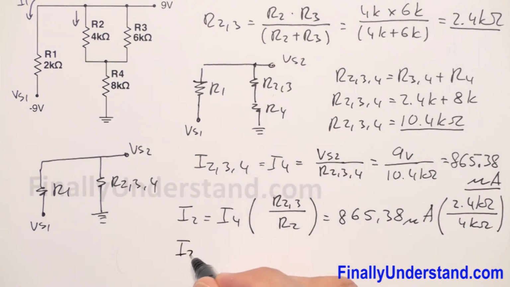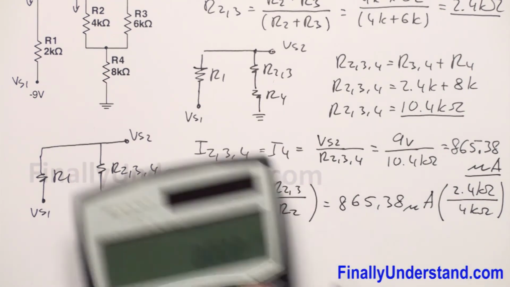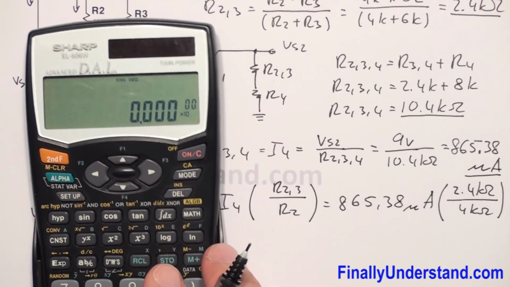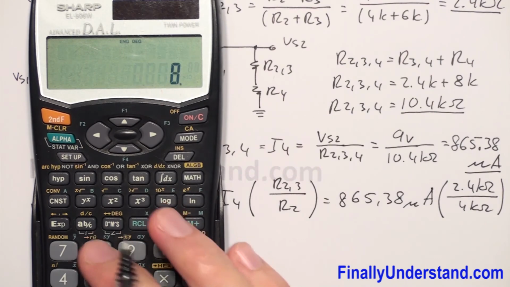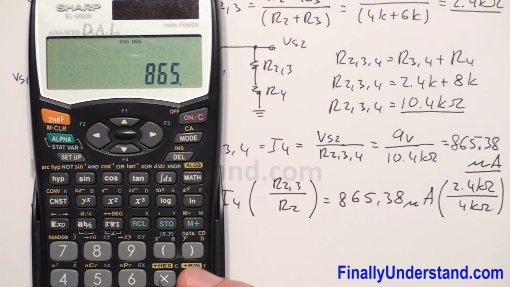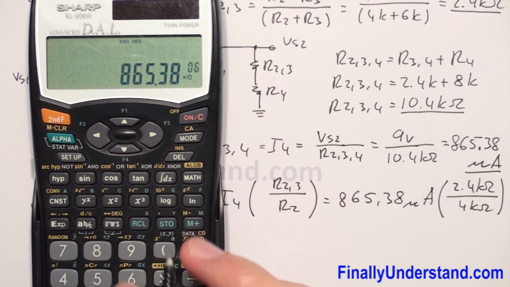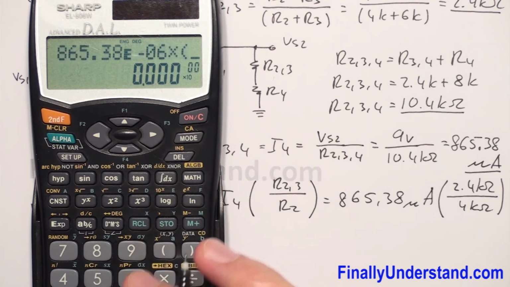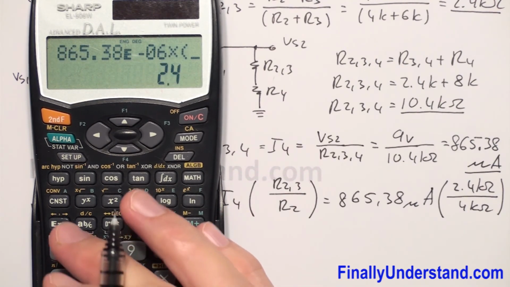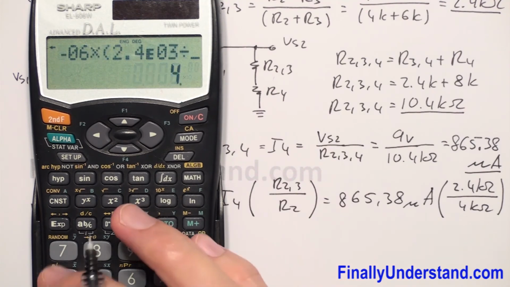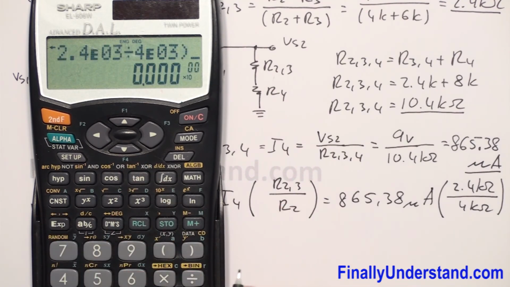So I2 equals 865.38 times 10 to the negative 6 times 2.4 times 10 to the 3 divided by 4 times 10 to the 3.